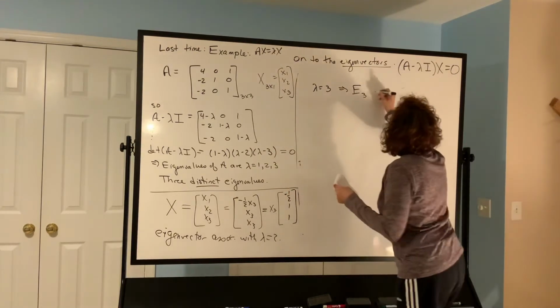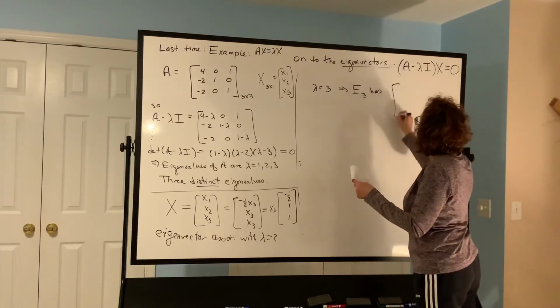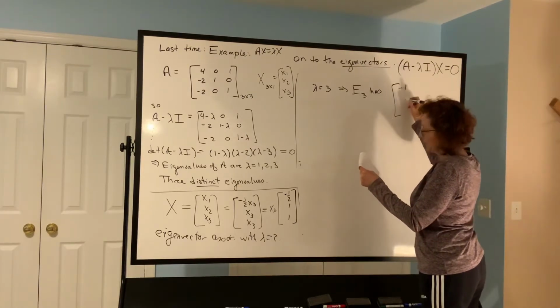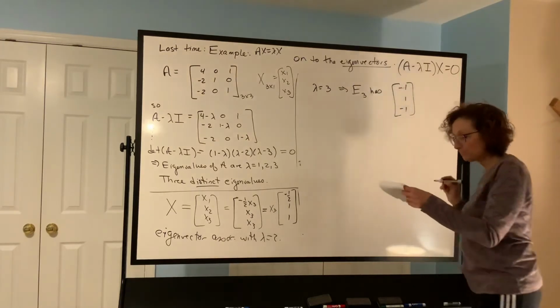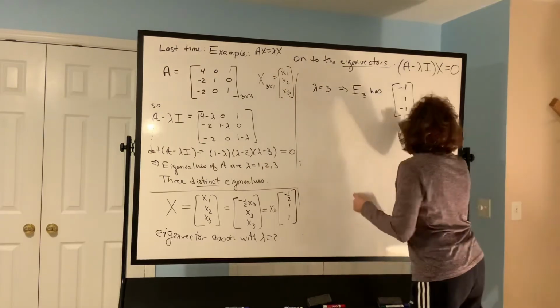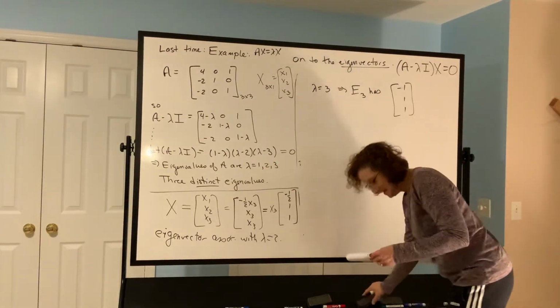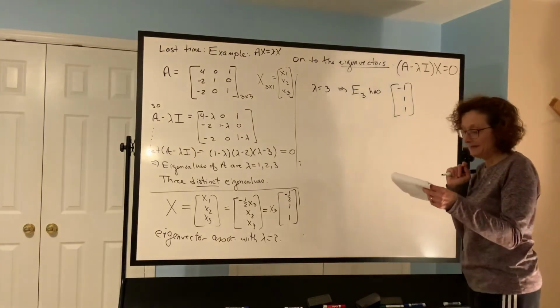So I'll just say E3 has a basis vector of -1, 1, -1, right? So see if you can produce that for yourself. Oh, no, that's wrong. That would be bad. You wouldn't be able to produce that for yourself. -1, 1, 1. I just can't read my little bracket there, okay?